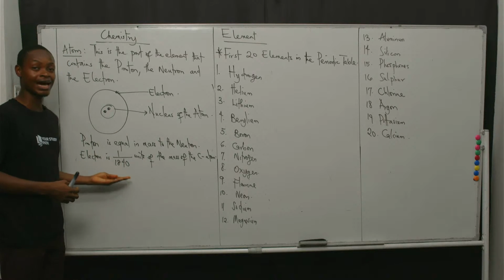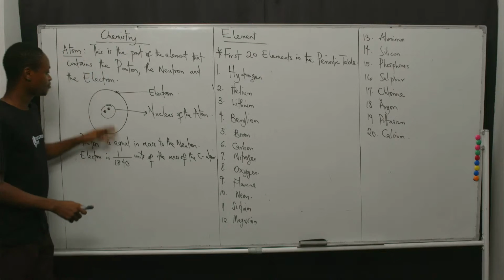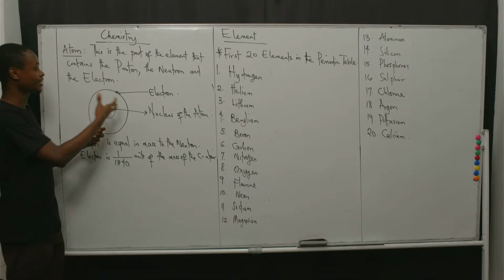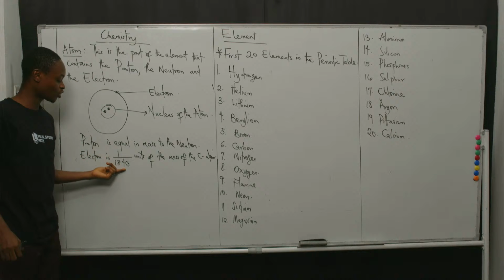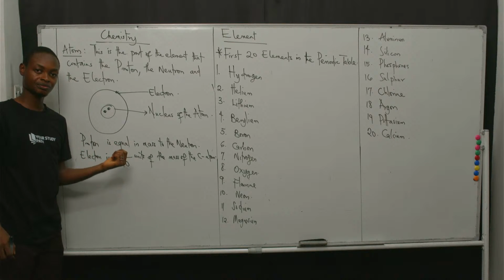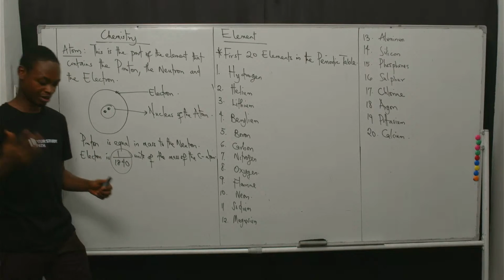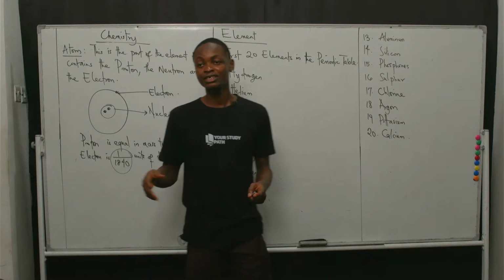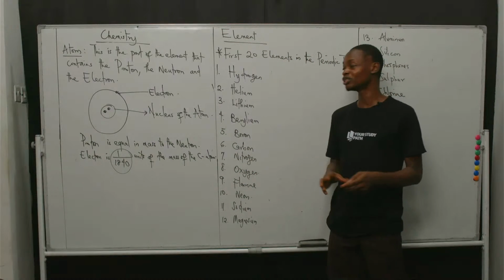Because it's so light, it can only float around the orbit, making sure that it just stays attached to the atom, but it's not inside it. So it is because of the lightness in its mass. So take note of that. The electron is 1/1840 the mass of either the proton or neutron, or the carbon atom. Any one is fine.